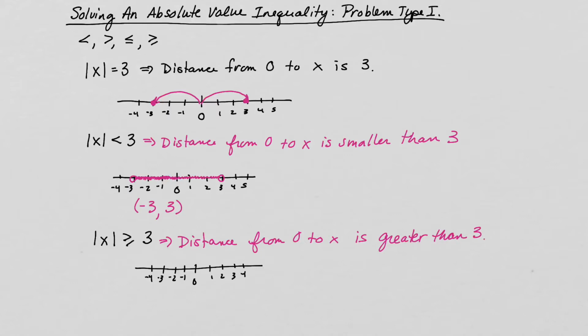What that means is I have to at least start out here at -3 and out here at 3, but then I can keep going. I just need to be bigger than this. So if I was over here at -4, well, that distance is bigger than 3, and I would keep going this way forever, and I would keep going this way forever.